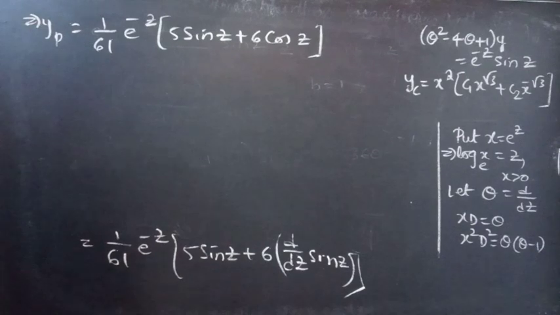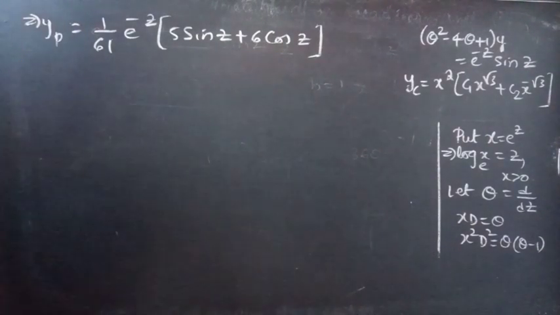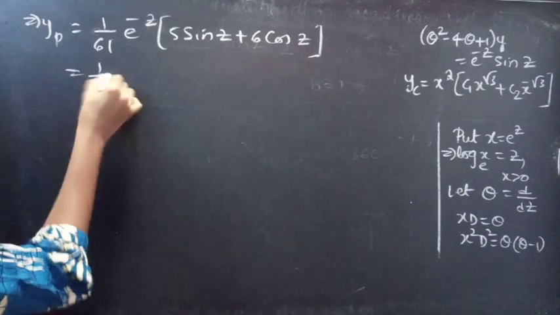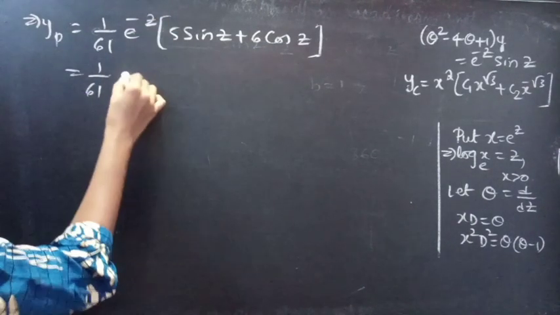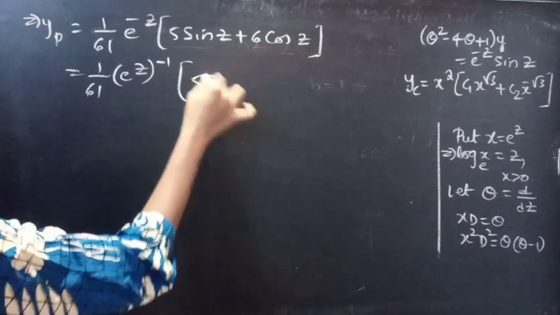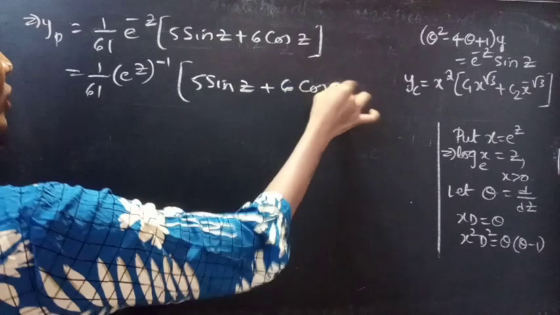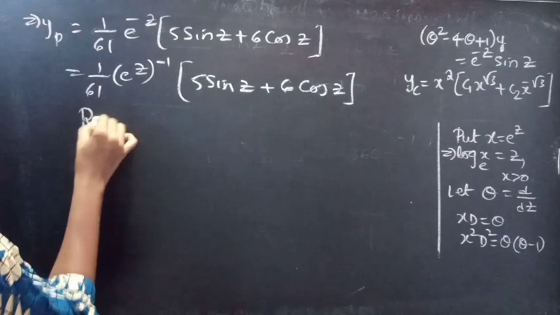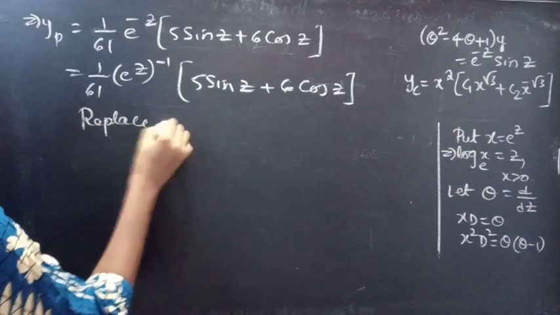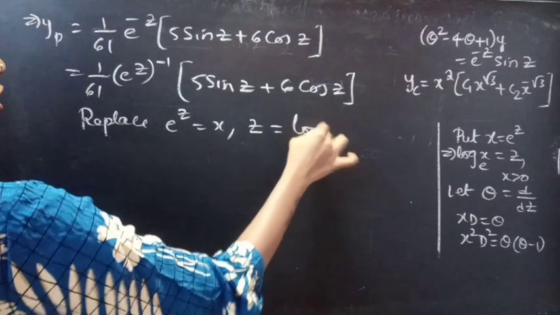Now we are having yp in terms of z, but we need to write in terms of x, right? So let's write e power minus z as e power z whole power minus 1, into 5 sine z plus 6 cos z. Now replace e power z by x and z by log x.